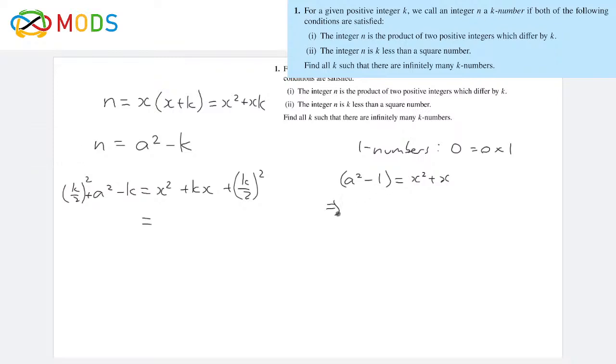You have a is bigger than x, of course, but this implies that a squared minus 1 is bigger than x squared plus x, unless a equals 1 and x equals 0, in which case it does work. But that's only a single one number. So there are no one numbers except for 0.